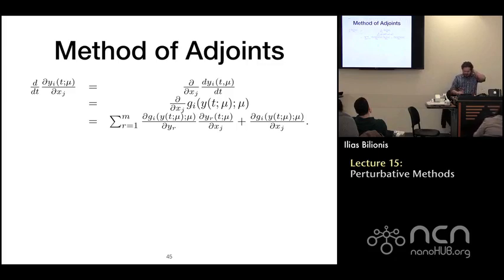The idea is to start with your dynamical system and then derive a set of differential equations that the derivative must satisfy. So you have your original differential equation, and then you add a bunch of differential equations that the derivative with respect to the parameters must satisfy. And this set of equations is called the adjoint differential equation, or the adjoint dynamical system. And you just need to solve them simultaneously. This is how you do it.